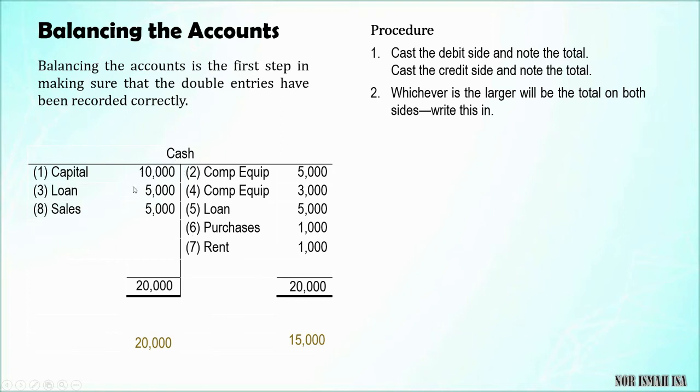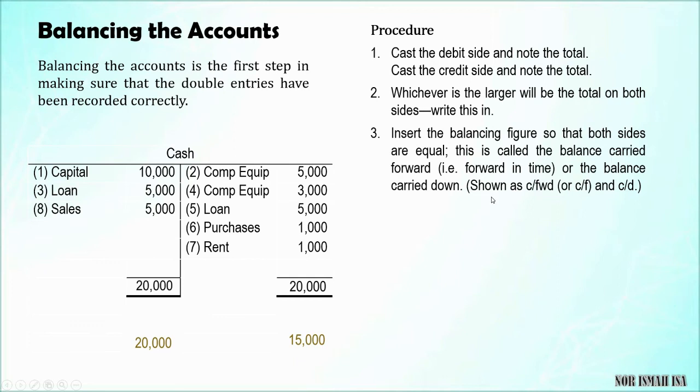Now you look at the debit side. Insert the balancing figure so that both sides are equal. So now you look here, this is 20,000, but here we only have 15,000. So it's not enough, short by 5,000. You just add 5,000 here as balance carried down.